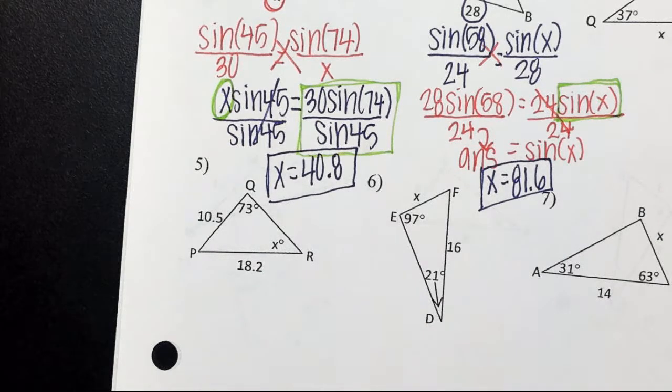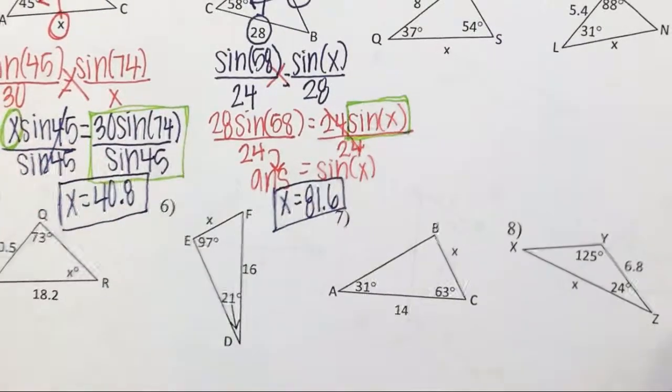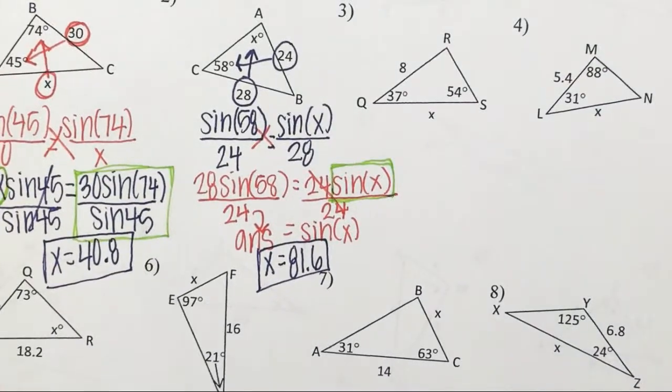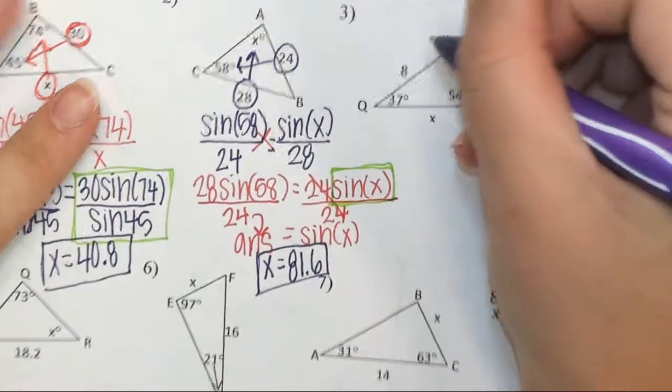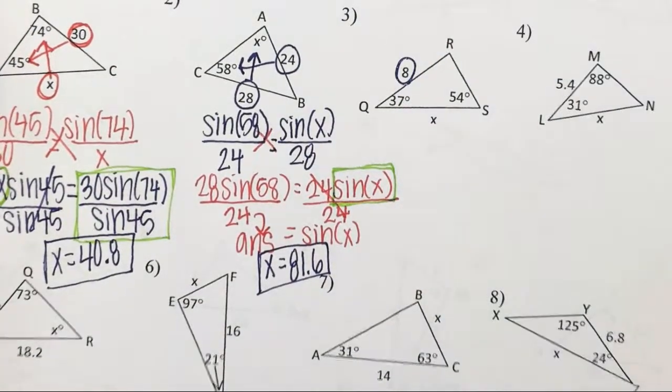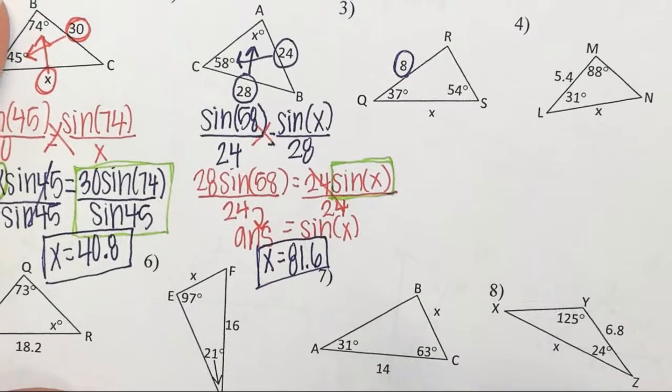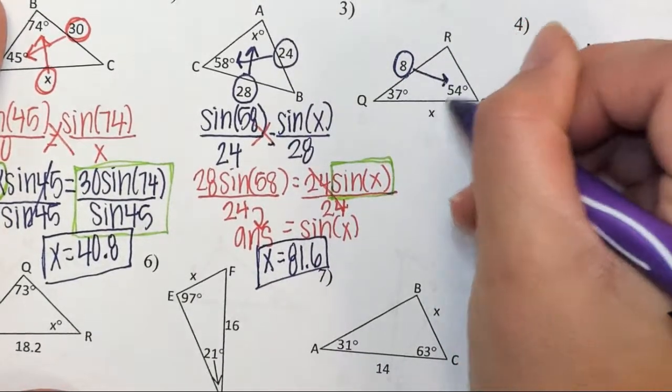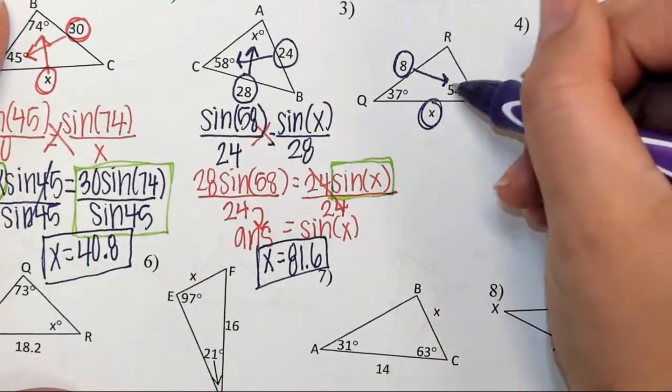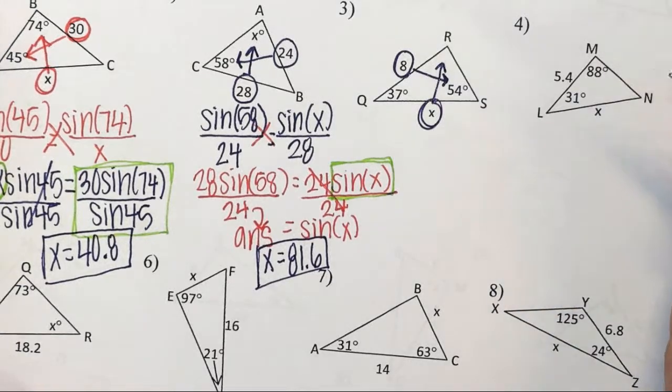Okay? So, let's go to number 3 because there's something we haven't done yet, but it's not hard. Circle your sides. We have this 8. What's the 8 go with? 54. And then here's the x. But there's nothing there. How do we find it?